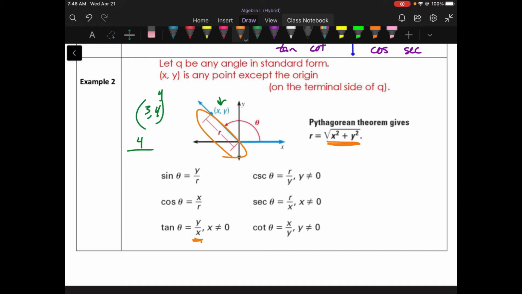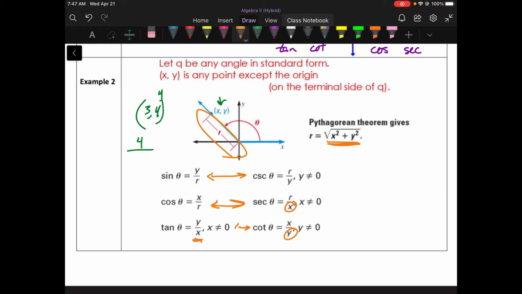Same thing here, I have cosecant, the partner function with sine, so you just take the reciprocal, so you flip r and y, so y is in the denominator, so it can't equal 0. Same thing here, we have secant, the partner function of cosine. You flip the ratio, x is in the denominator. And then here tangent and cotangent. Now y is in your denominator, so y cannot equal 0.